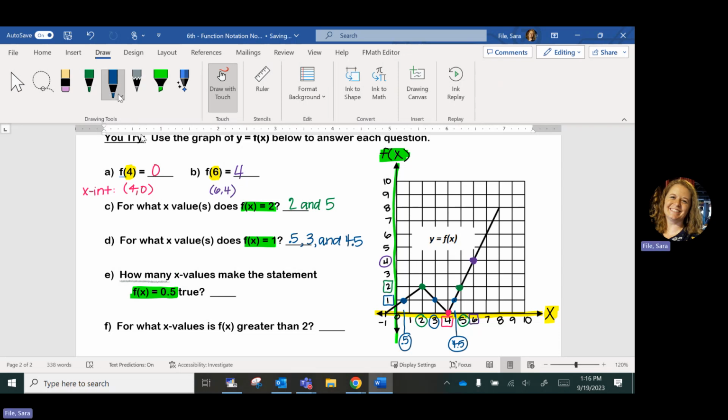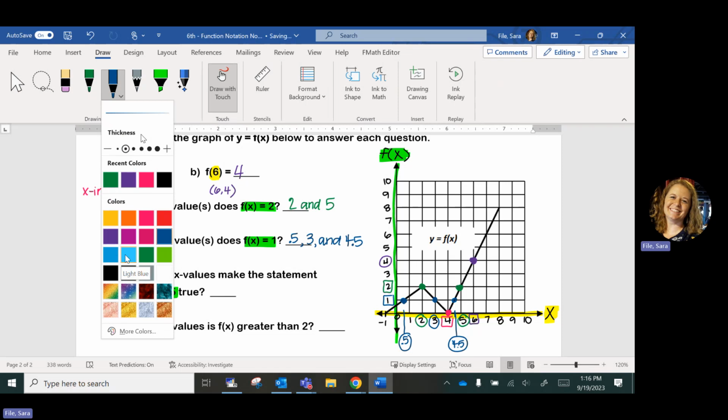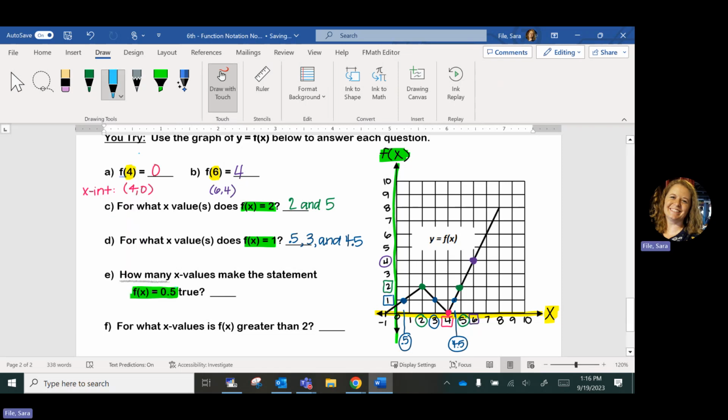Okay, so I'm going to draw a line at Y equals 1/2. That would be right here. So how many times does my graph touch that line where Y is 0.5?